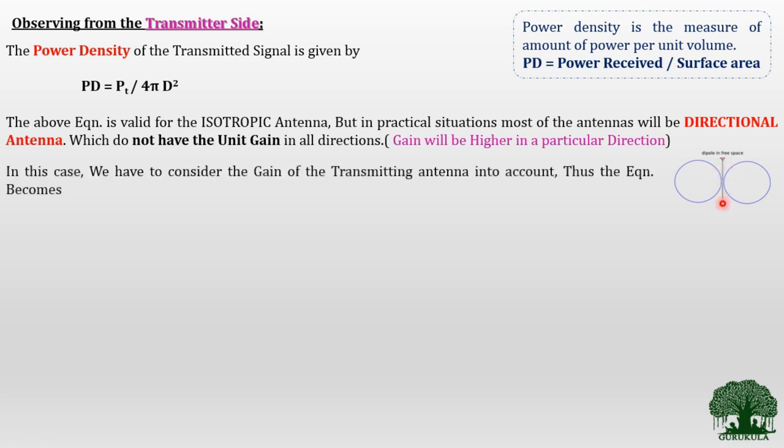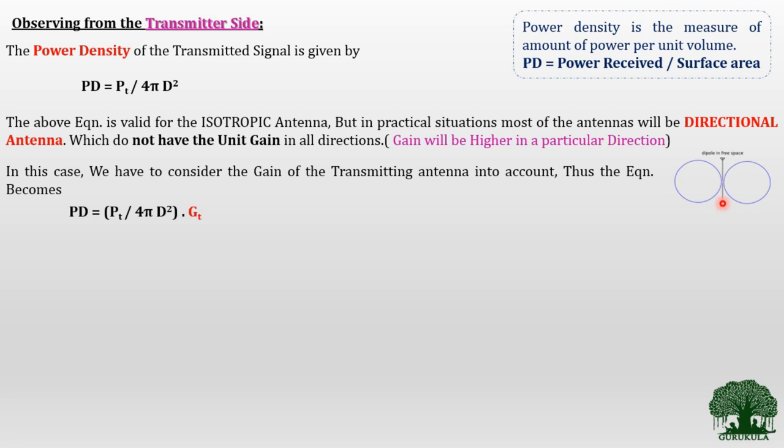When I rewrite the power density equation by considering the gain of the transmitting antenna, I get that the power density is equal to PT over 4 pi d squared times GT, where GT represents the gain of the transmitting antenna. So now I have decided the power which I am going to transmit from the transmitter side, and that is all we have to observe from the transmitter side.